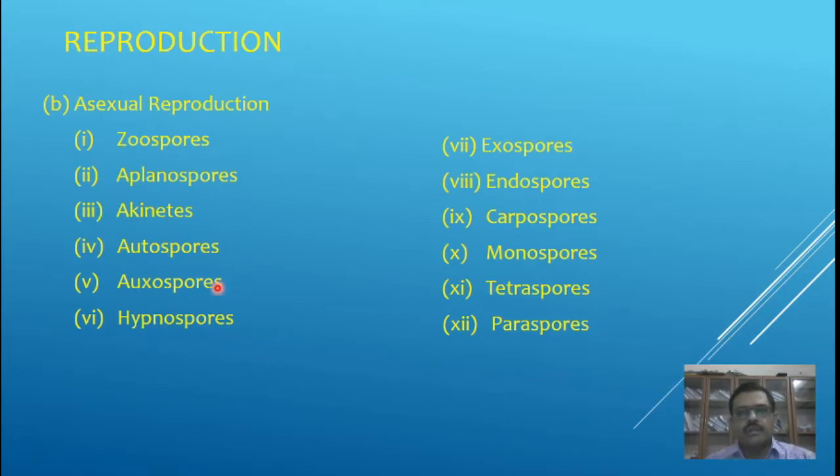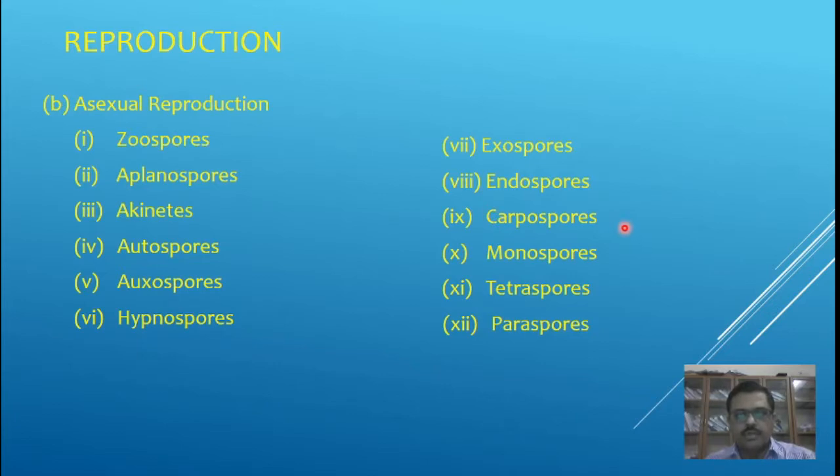Again, in diatoms we find certain spores which are devoid of the covering or cell wall, and the naked protoplasm is called the auxospores. There are hypnospores, which are non-motile, resistant, large spores which store food. We find exospores, which are formed external to the thallus of the algae, from the surface of the thallus. Endospores are spores which are formed within structures in the thallus of algae.